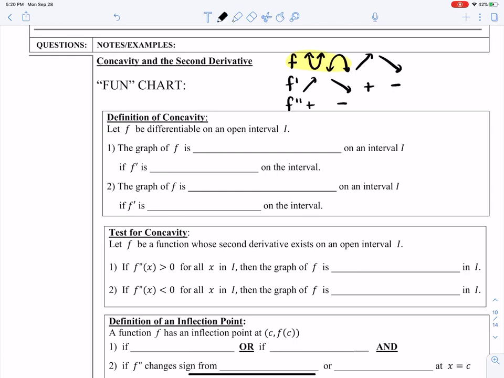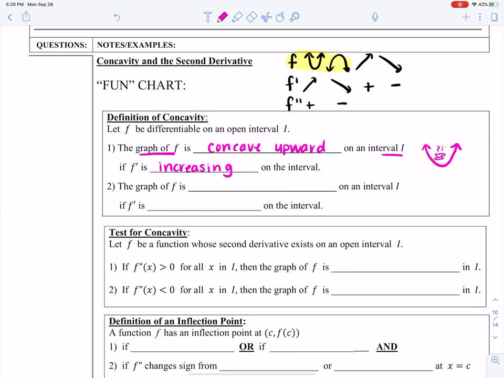So this brings us to some more information. The graph of f is going to be concave upward on an interval I if f prime is increasing on the interval. When I say concave up, we're talking about concave up like a cup.